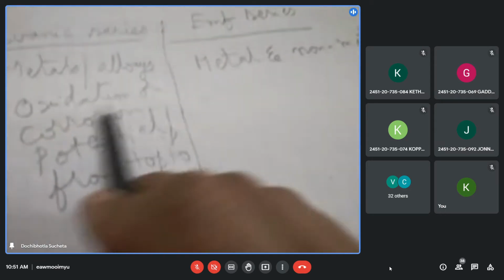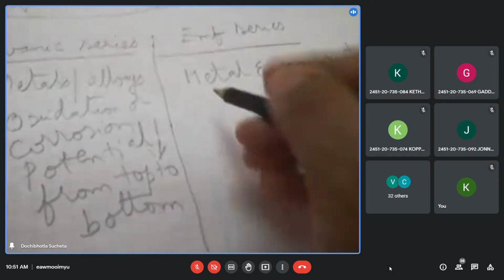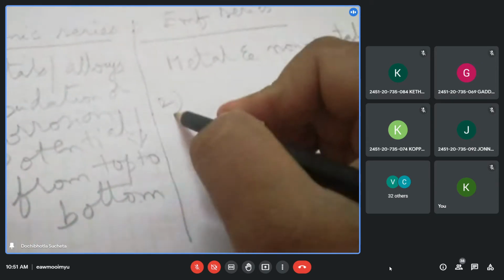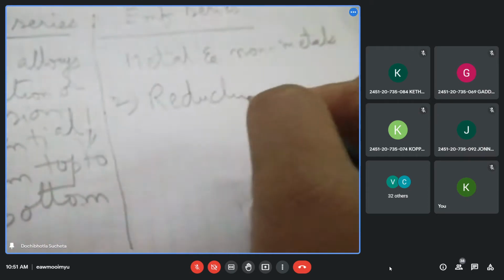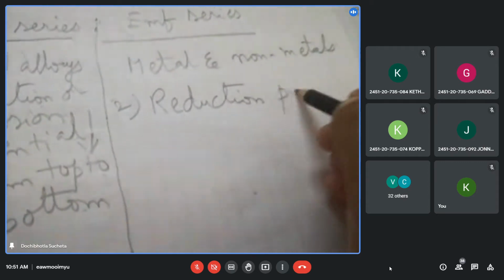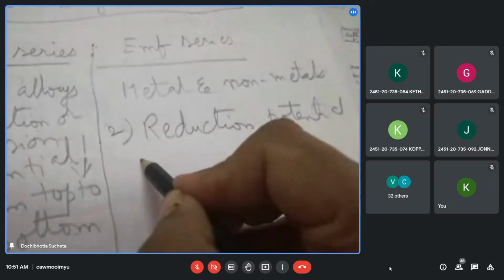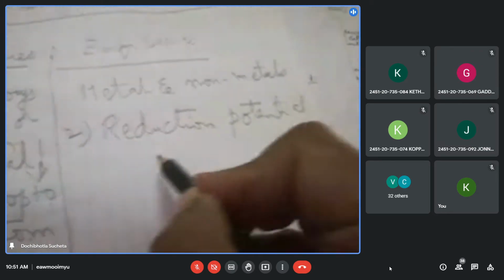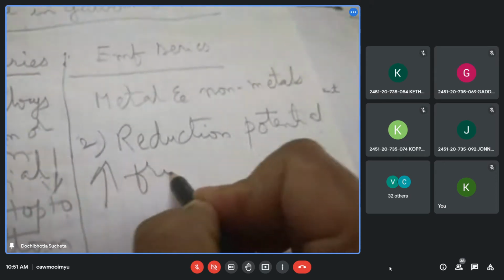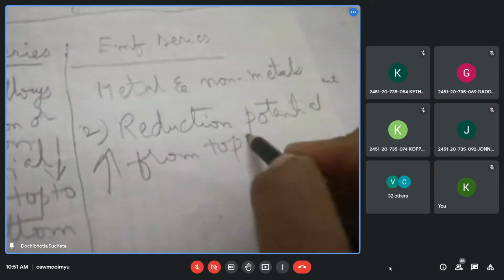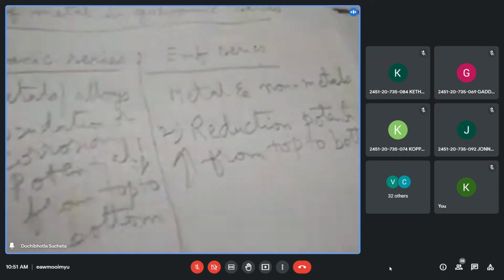Whereas in this case, the reduction potential, which I'll call SRP values under standard conditions, increases from top to bottom. Okay, that will be another one.